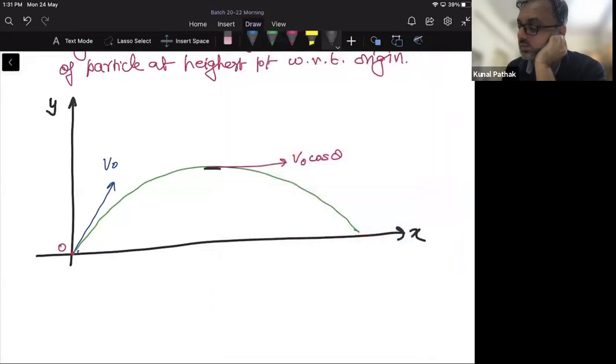Then we simply draw the momentum vector m v naught cosine theta. And then we extend the momentum vector, and we drop a perpendicular from our chosen origin.